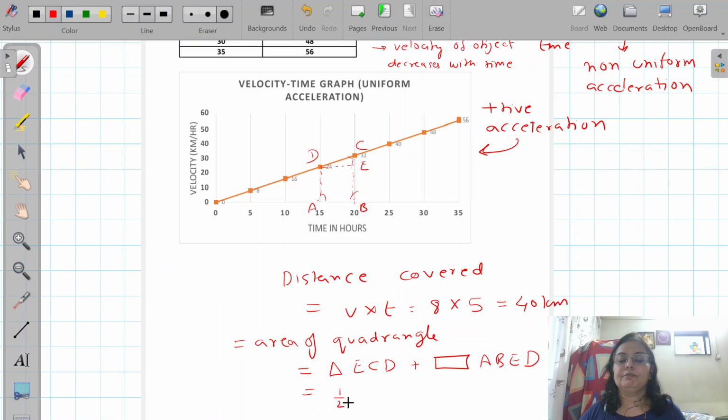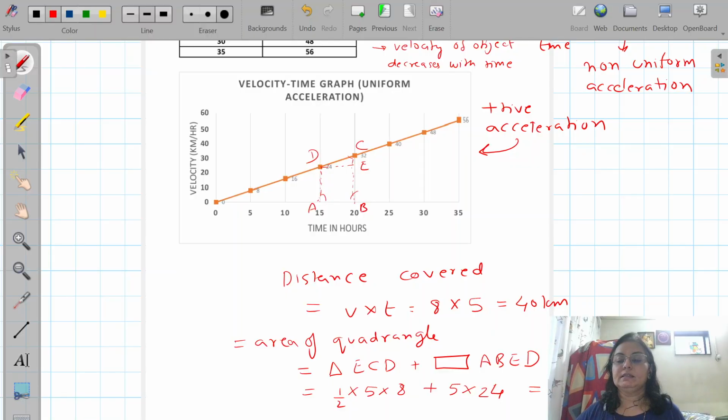So the area of the triangle will be half base into height, which is half into 5 into height 8, plus the area of rectangle ABED, which is length into breadth, which is 5 into 24.